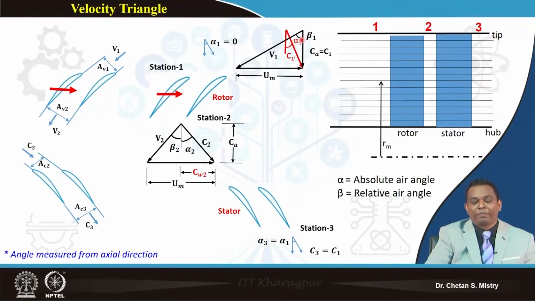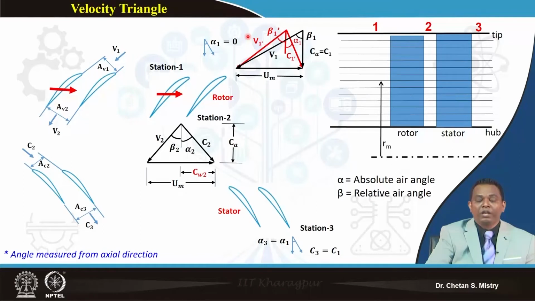So this represents my absolute flow angle at the entry. In that case, if I take my peripheral speed to be the same, I will have a relative velocity component v1 dash. Now if you compare these two relative velocities, you will realize that at the entry my relative velocity is going to be lower.